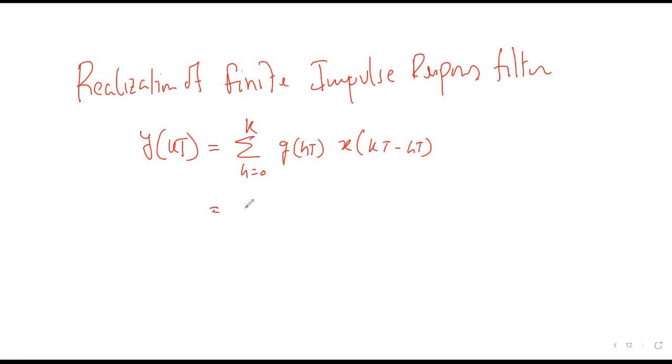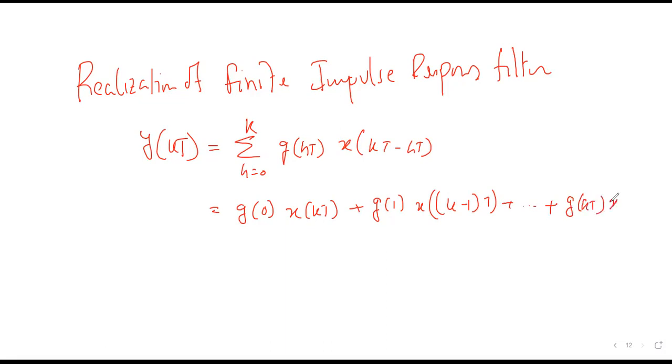If you just expand it, the weighting sequence is g with the current value, then the next weighting sequence with the previous values of your input, and it goes on up to the last weighting sequence with the first value of your input. So this is how we can write it.